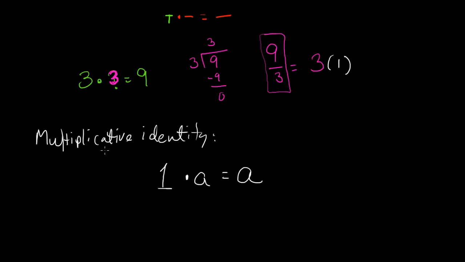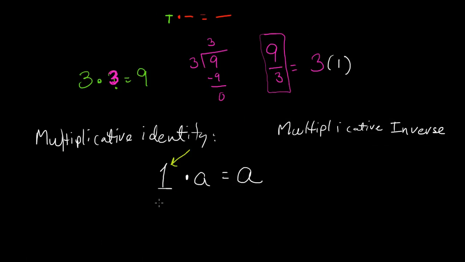So if the multiplicative identity is 1, this is the multiplicative identity here, the number 1, then we can also understand the concept of a multiplicative inverse. And remember, doing any inverse of an identity will yield the identity.